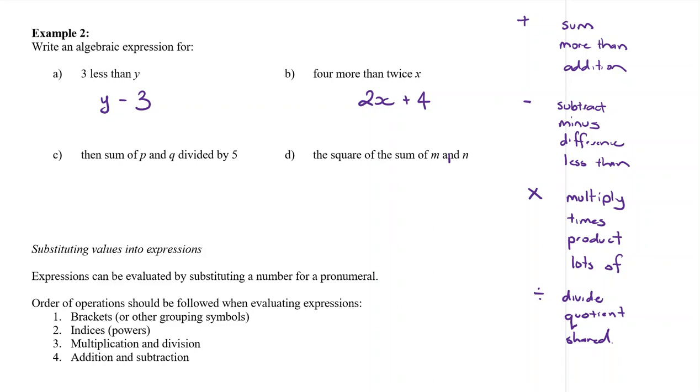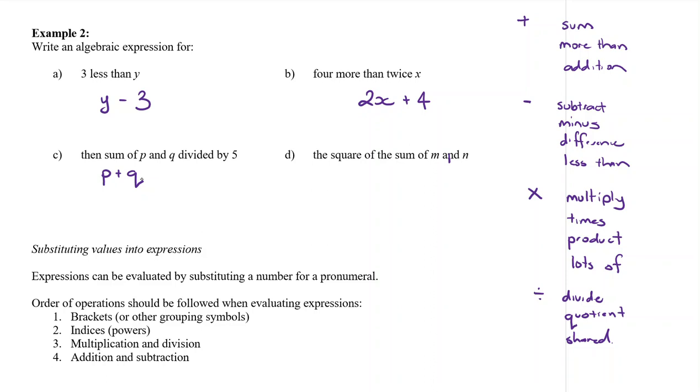Right, question C. The sum of P and Q is divided by 5. There's actually 2 bits there. The first part is sum of P and Q. What's that? Now that whole thing has to be divided by 5. But we know it's pretty obvious that divide sign, but we don't use divide signs, do we?